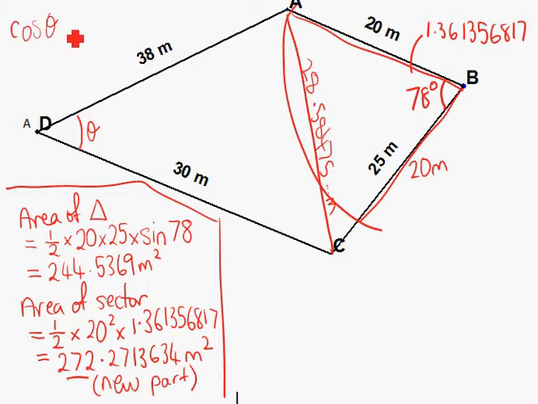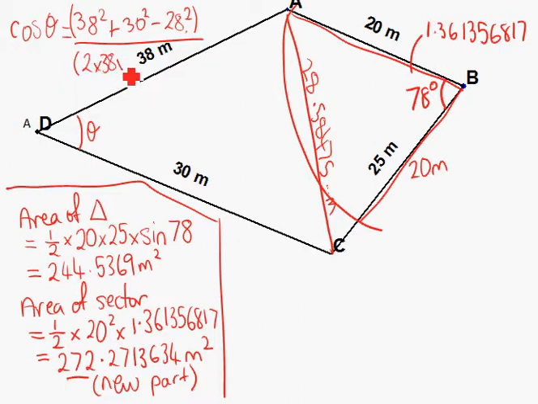It looks something like cosine theta, or the angle, equals the two sides either side. You can look at your formula sheet. 38 squared plus 30 squared minus the third side squared, opposite the angle, and there's a decimal in there, we'll use the decimal in our calculation, divided by, and you need brackets around all of that, 2 times the 38 times the 30.